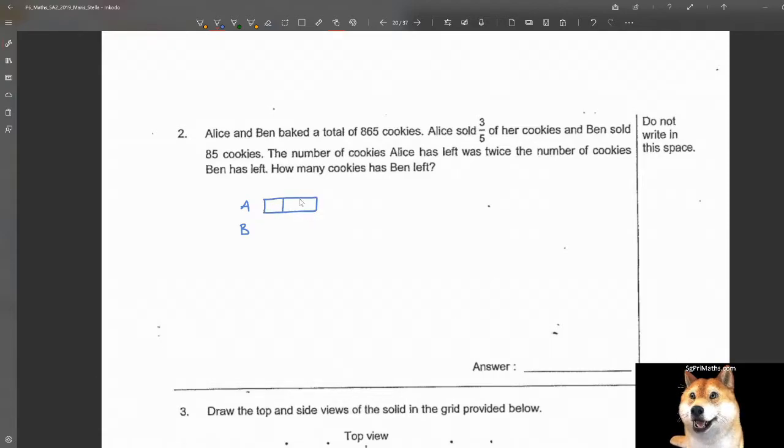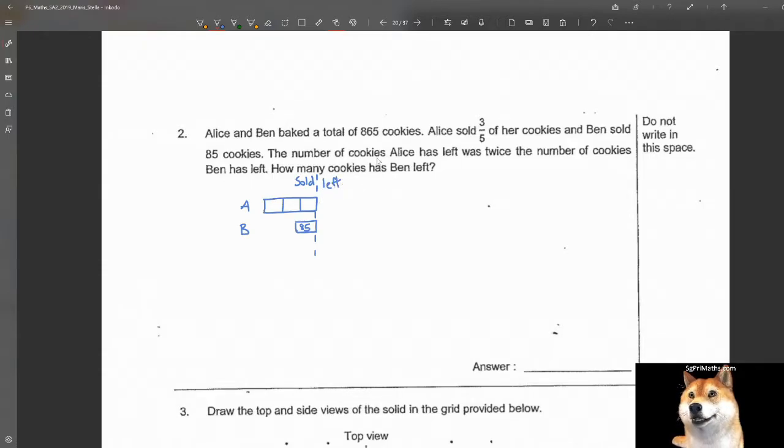So 3/5 of her cookies, and Ben sold 85. Then left.